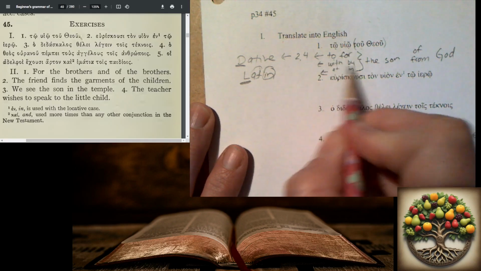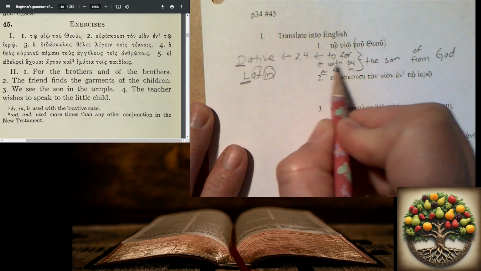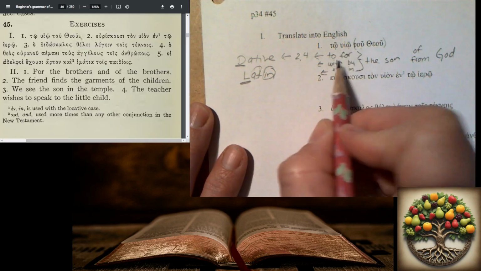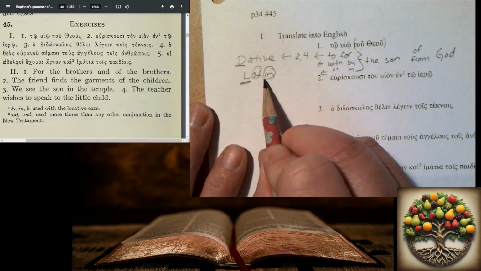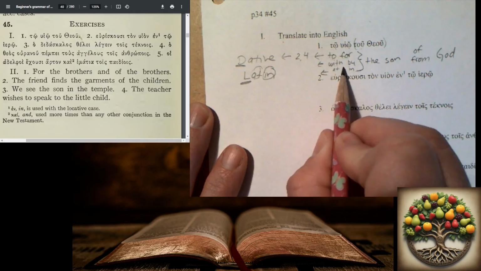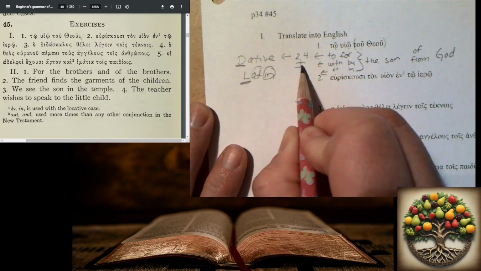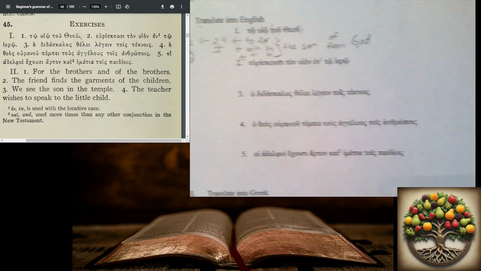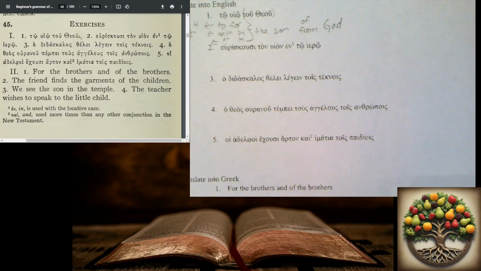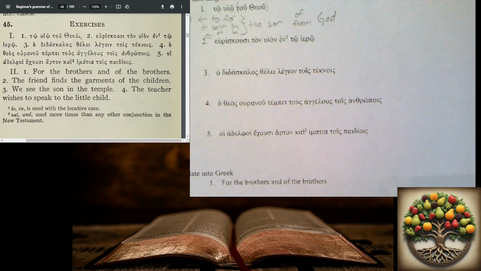It's instrumental. I don't really have a good one for remembering that one, but I can remember 2 or 4 as being dative, and I can remember at or in as being locative pretty easily, which means this one gets the remainder as the instrumental. Sometimes you have to come up with these little mental tricks, little mental connections that you can make in your mind.